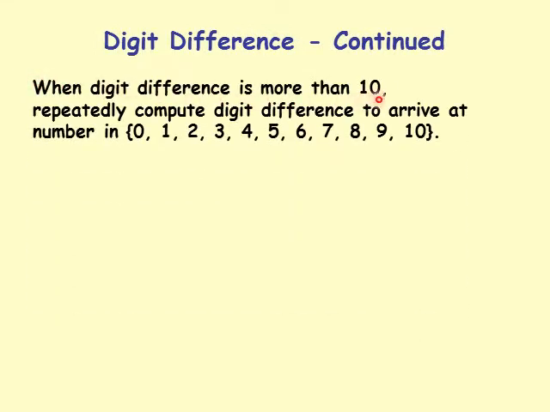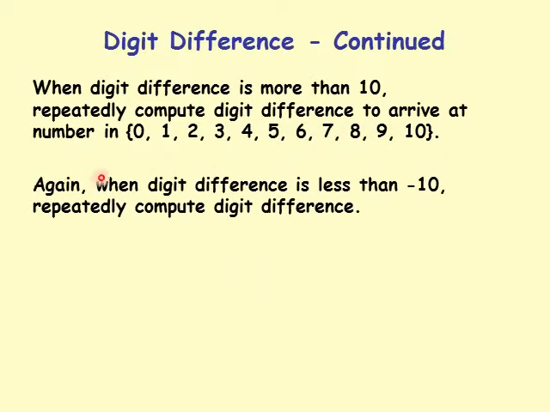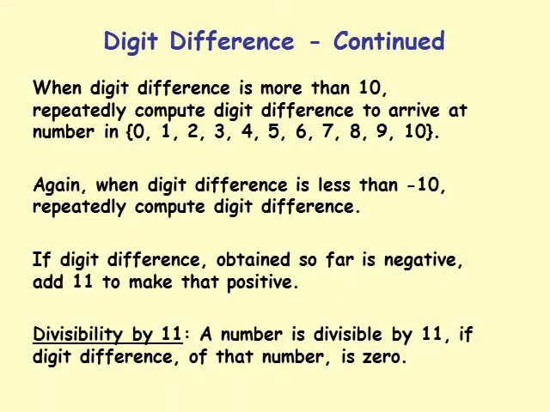When a digit difference is more than 10, we repeatedly compute the digit difference to arrive at a number in 0, 1, 2, 3, 4, 5, 6, 7, 8, 9, and 10. Again, when the digit difference is less than minus 10, repeatedly compute the digit difference again. And if the digit difference obtained so far is negative, add 11 to make it positive.